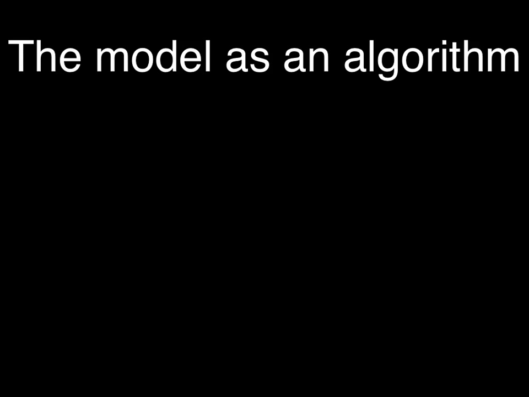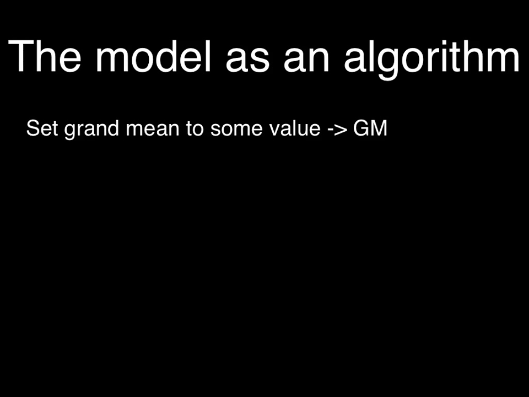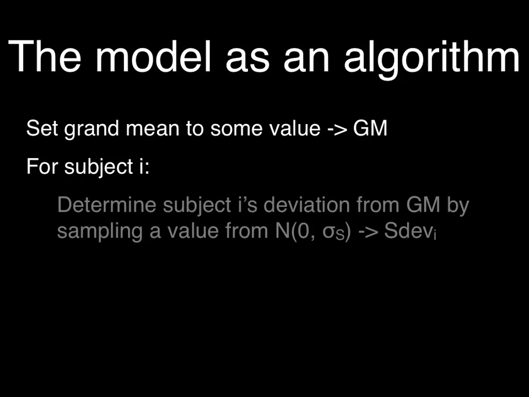But just to reiterate this very simple Gaussian mixed effects model, I want to walk through it as an algorithm. If we wanted to generate data from this model, we'd set the grand mean to some value, call it GM. Then for each subject, call them i, determine subject i's deviation from the grand mean by sampling a value from the Gaussian distribution with a mean of 0 and a standard deviation of sigma s, and call that value S dev i.